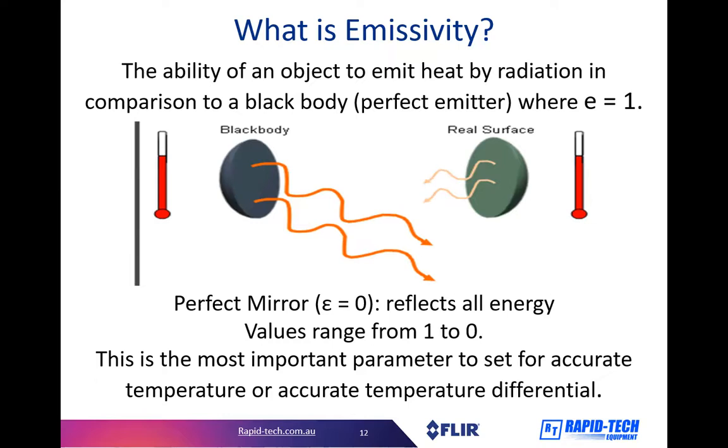So 0 being a poor emitter of infrared energy, and 1 being a good emitter of infrared energy. The way I tend to remember it is 1 meaning that it's 100% of its infrared energy is being emitted from the surface. Whereas at the other end, 0 means 0% of its infrared energy is being emitted.